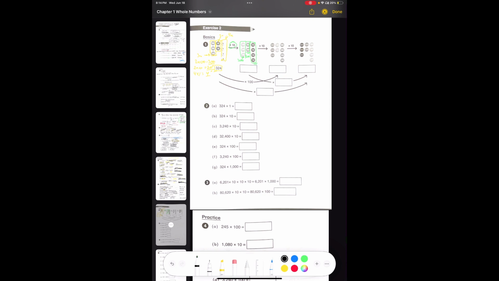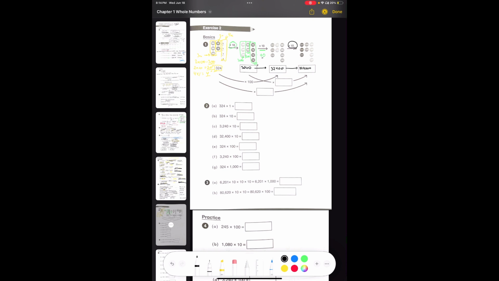All we're going to do is write 3, 2, 4, but we add a 0 because we have no 1s. An easy way to figure this out is every time you multiply by 10, you just add a 0 to the end. So we go 324 times 10, add a 0. Let's do that again. Take this number, 3,240, times 10, add a 0.